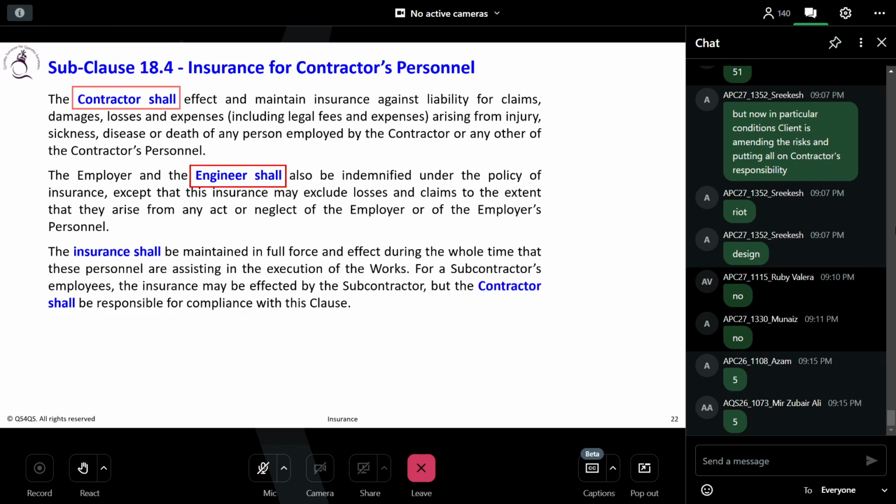So the same thing keeps continuing. The second paragraph says the employer and the engineer shall also be indemnified under the policy of the insurance. So insurance maintenance or the validity should be as per the terms and contract agreed. So again, it's a simple subclause.